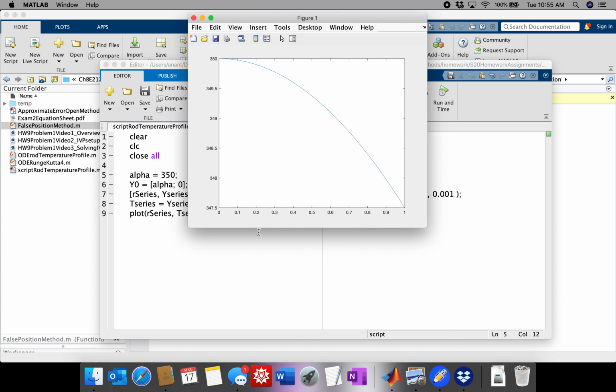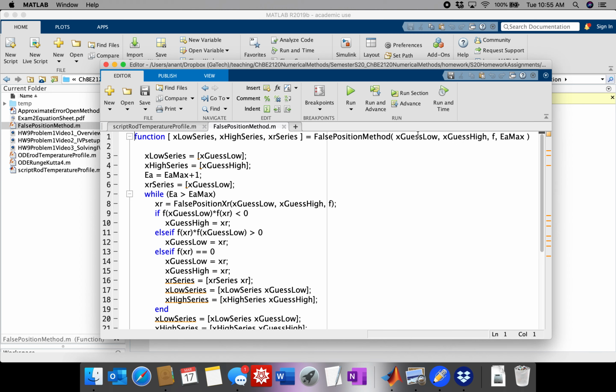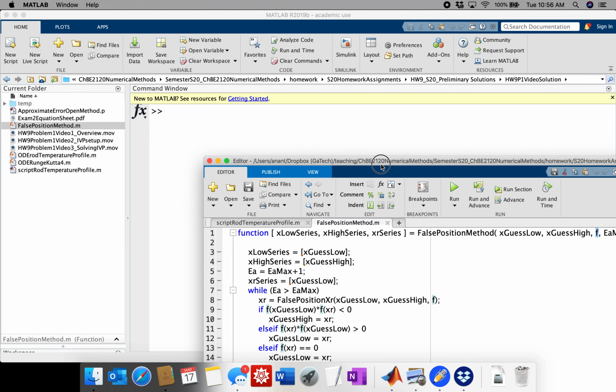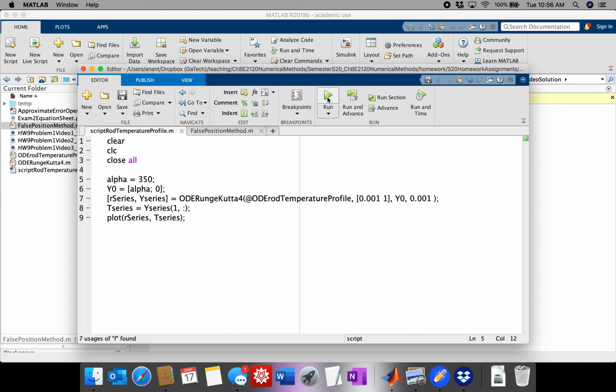So the problem asks us to use the false position method to accomplish that. Let's take a quick look at the false position method function. We need to give it a function that would be 0 if our input alpha is correct. So we're going to define this function as the difference between the calculated temperature at r equals 1 and 300 Kelvin.